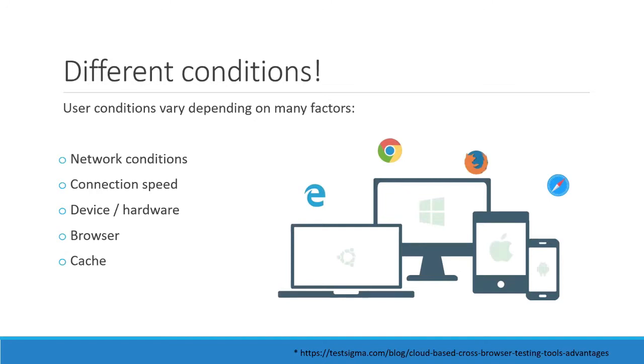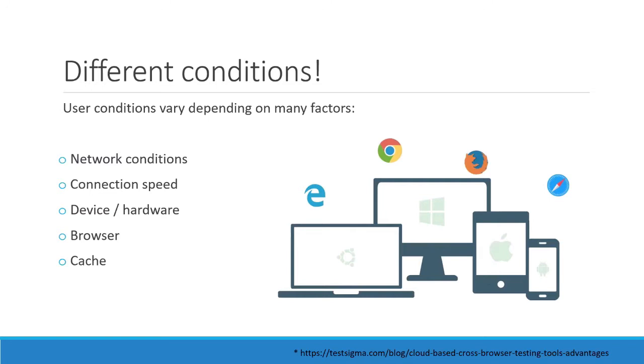Then there are connection speed, device and hardware. They can use an expensive high-end gaming PC or phone, or a lower-tier phone to browse. All of these matter, because there's less memory and the hardware is not as good.